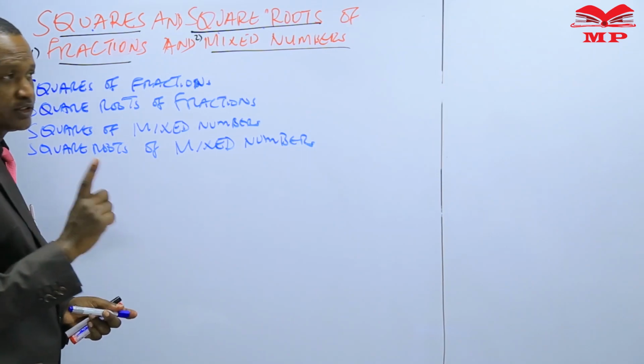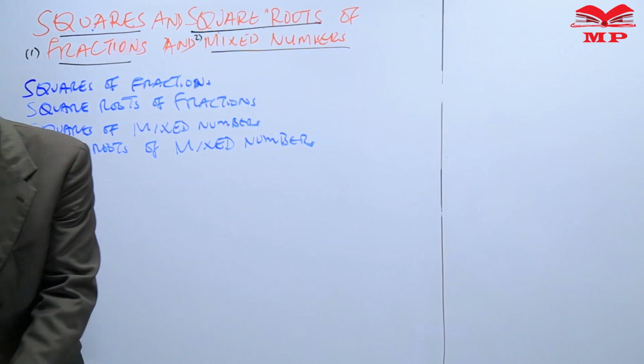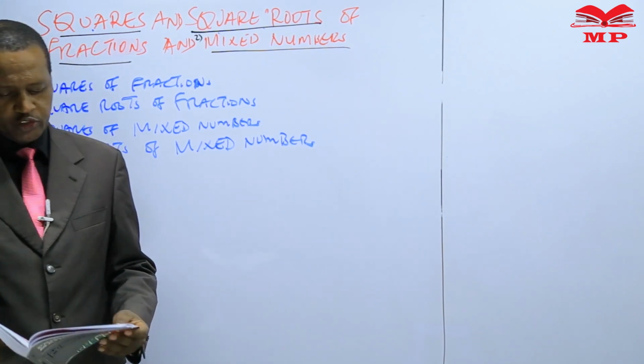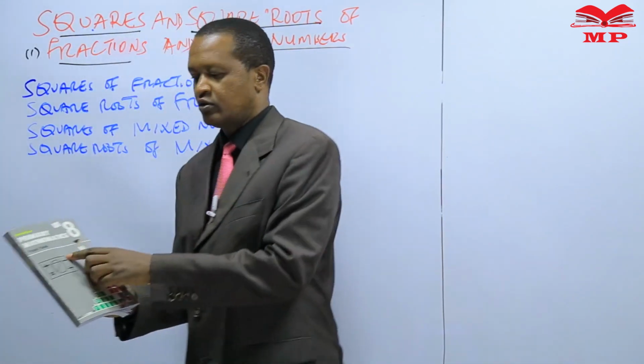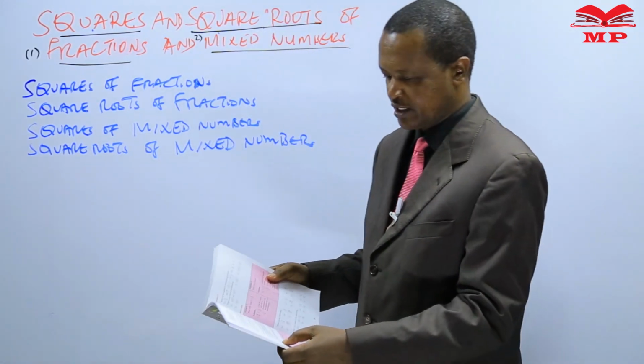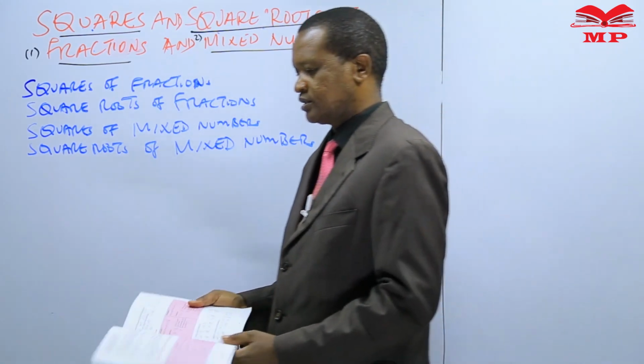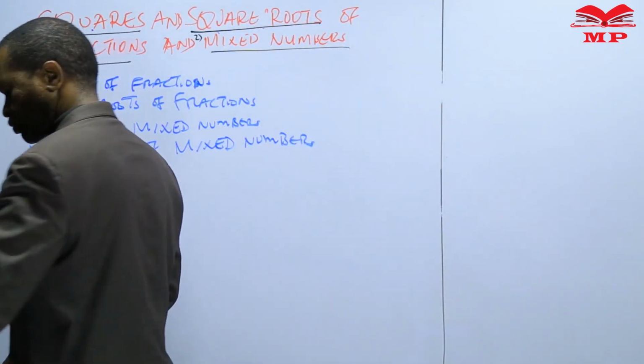That's what we are going to learn in our lesson today, and we are on page 28 of the pupil's book. Page 28, squares and square roots of fractions and mixed numbers. That is where we are today.